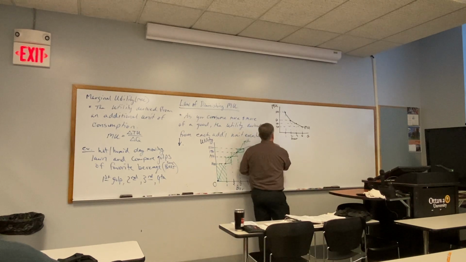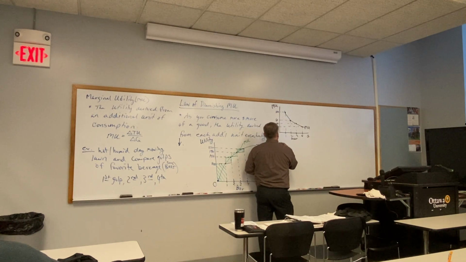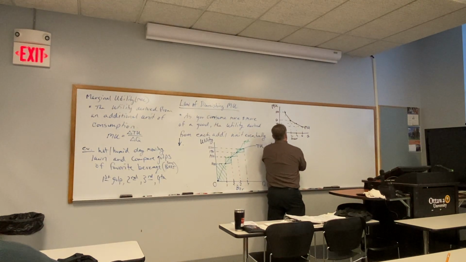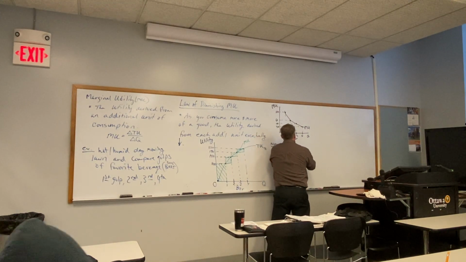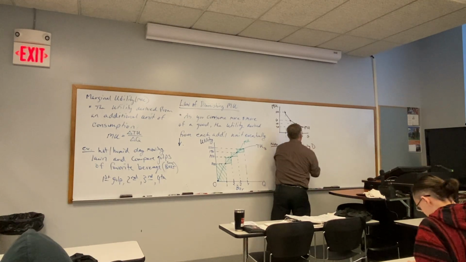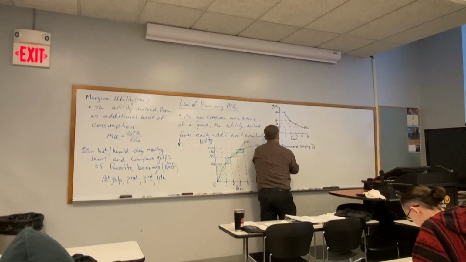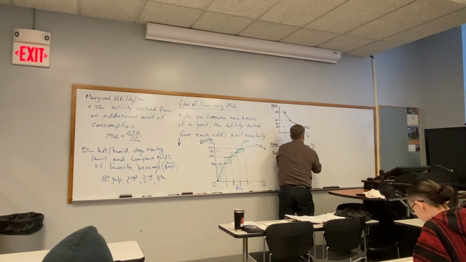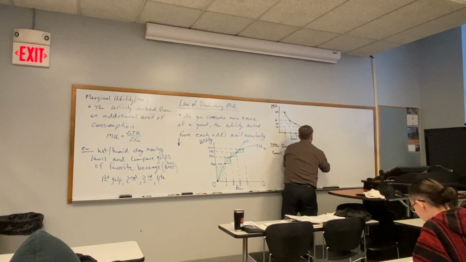So note, part of the reason we get this downward sloping demand comes from the law of diminishing marginal utility.